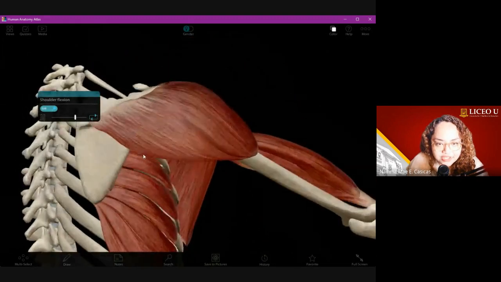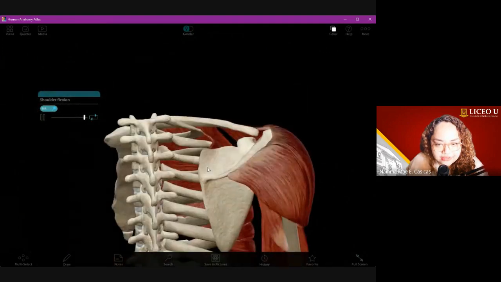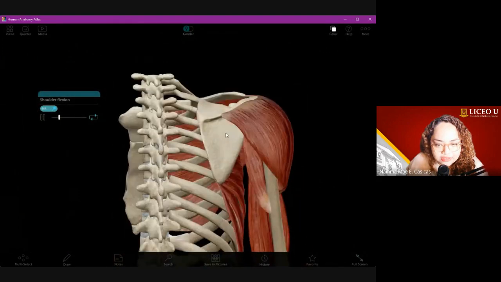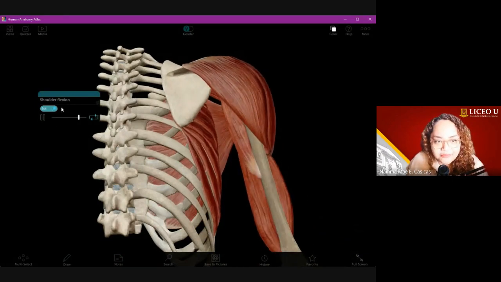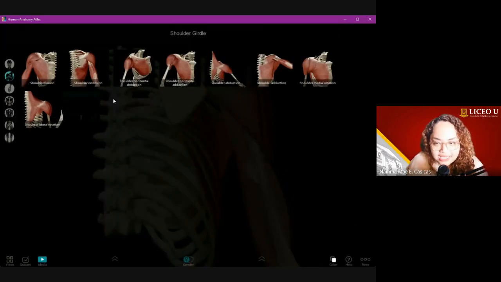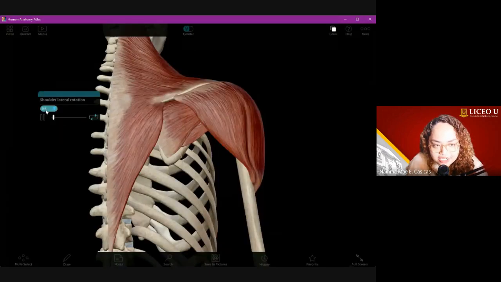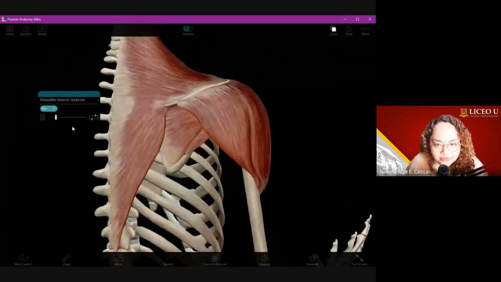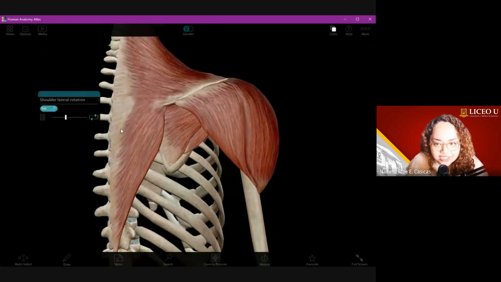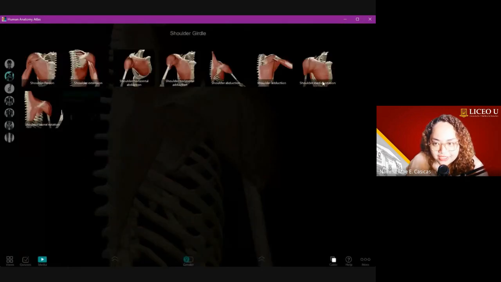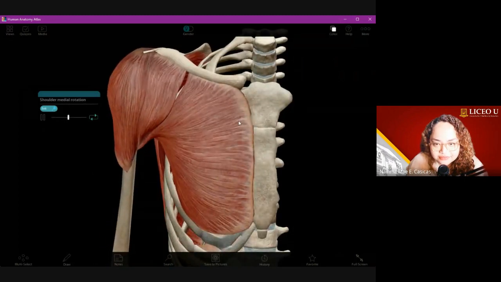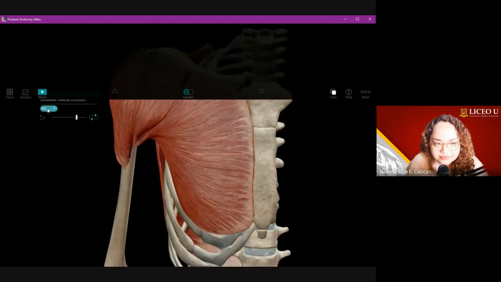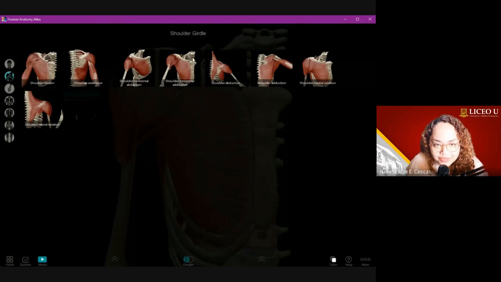Your shoulder joint is a ball and socket joint, right? So its range of motion is great. It can do lateral rotation, medial rotation, flexion, extension, adduction.